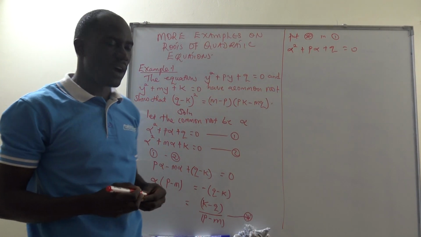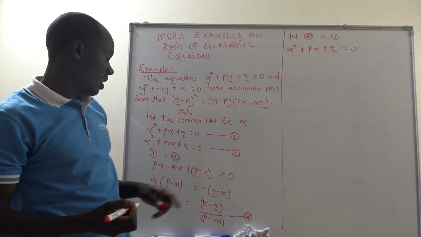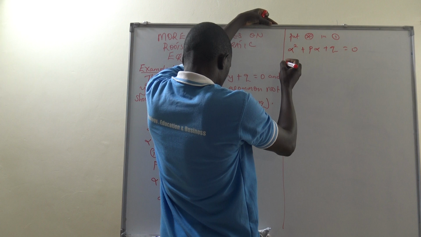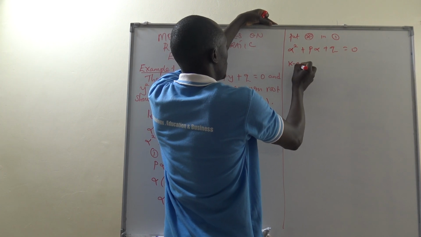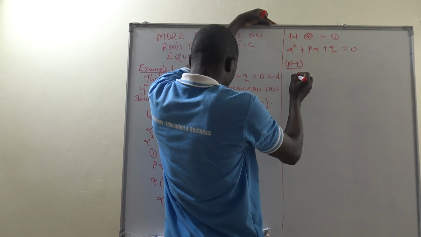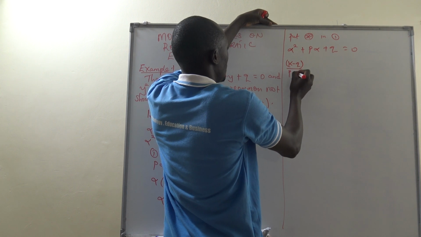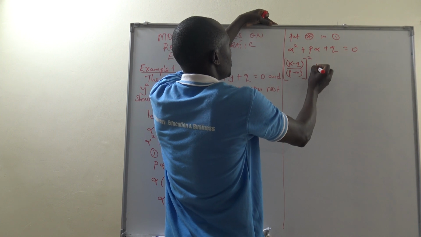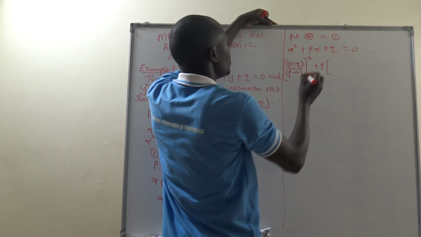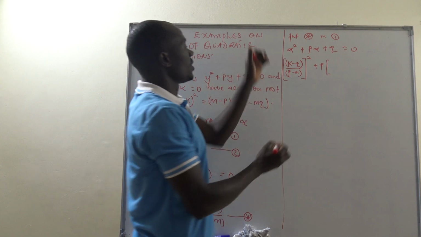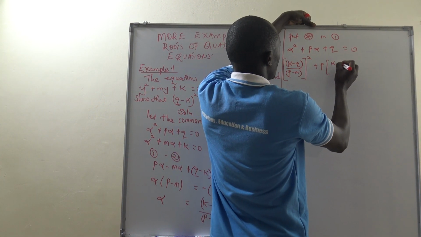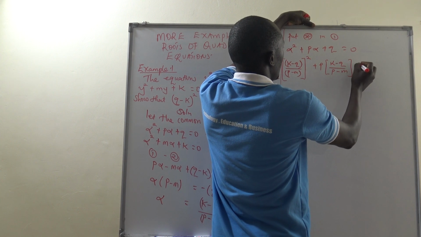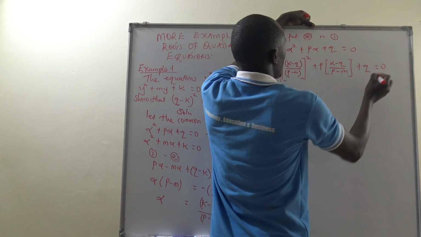So when I see alpha, I put in k minus q all over p minus m. So we go, this becomes k minus q all over p minus m, the whole thing squared, plus p into k minus q all over p minus m, then plus q equals 0.